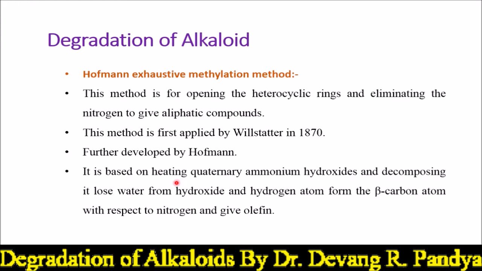So one limitation of the Hofmann method is that the alkaloid containing the heterocyclic compound should have a beta carbon adjoining the nitrogen atom which contains a hydrogen atom. If the beta carbon does not have hydrogen, we cannot perform Hofmann exhaustive methylation.